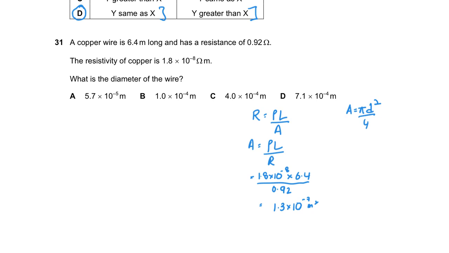Now to work out the diameter, I know diameter is square root of area times 4 upon pi. Plug in the value for the area in the equation on the right, and that gives you the diameter as 3.992 into 10 to the power minus 4. Obviously you'll round that value up, and that gives you the answer as C.